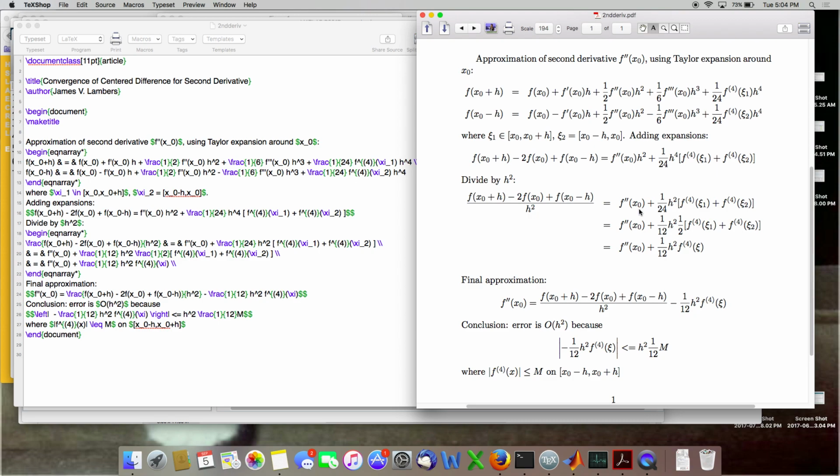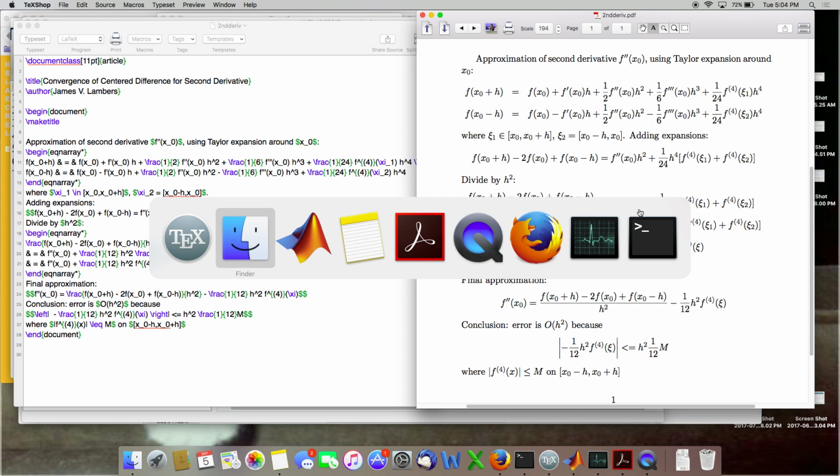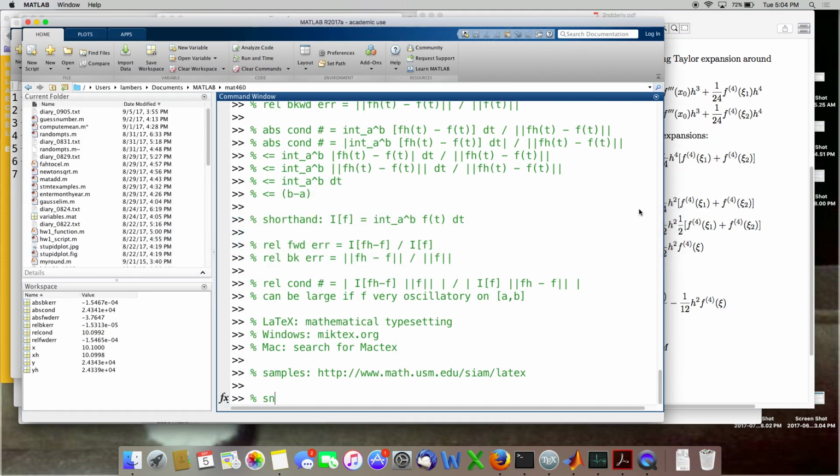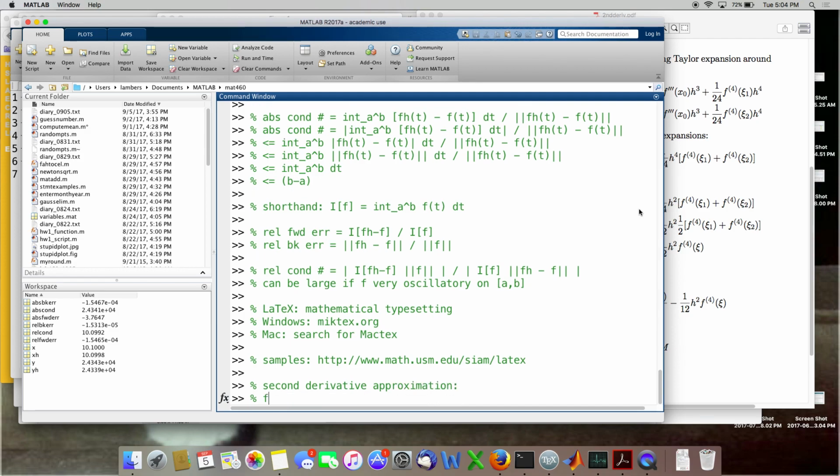So for example, I know I have 1 minute. I'm going to let f of x be equal to, I'll just say sine x. x is equal to 0, and h is equal to 0.1.